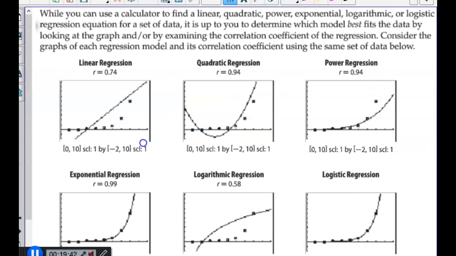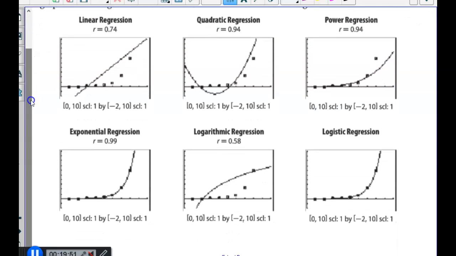All right. These are the kinds that we're supposed to be able to identify. We've done linear and quadratic. Okay, power and exponential look very similar. I would tell you which one to use. Okay, they do both give you an R value.